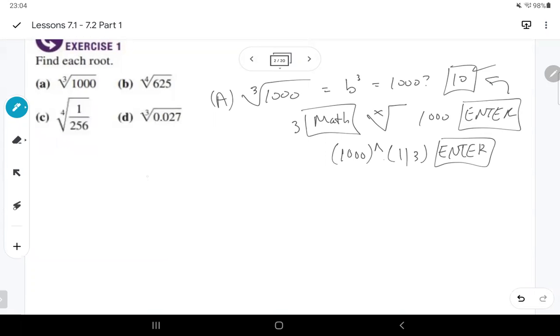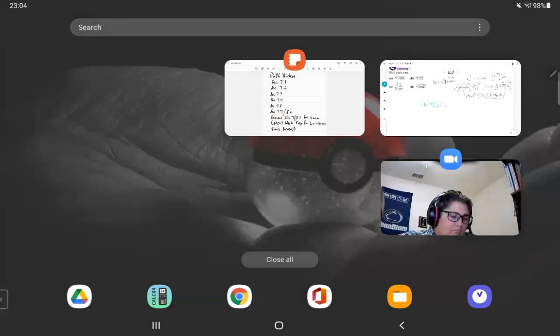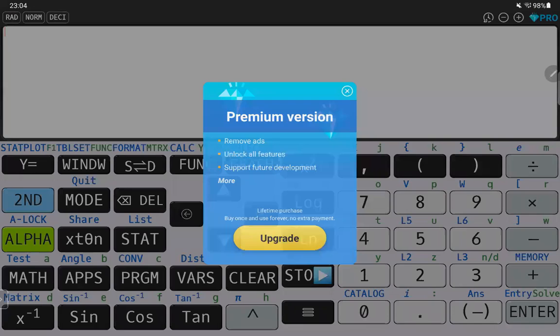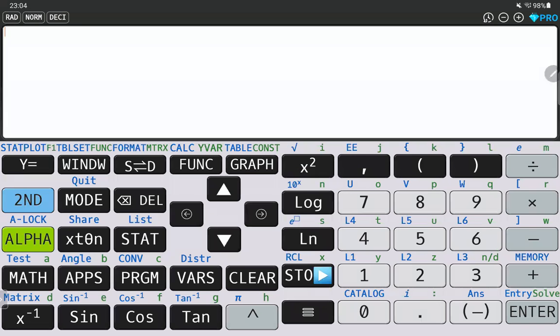We're now looking at the fourth root of 625. What I'm actually going to show you here is how to do this in the calculator. So we're looking for the fourth root of 625.